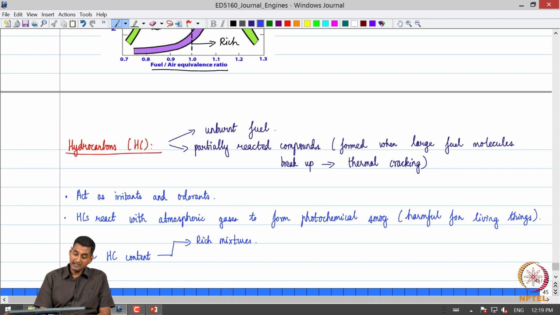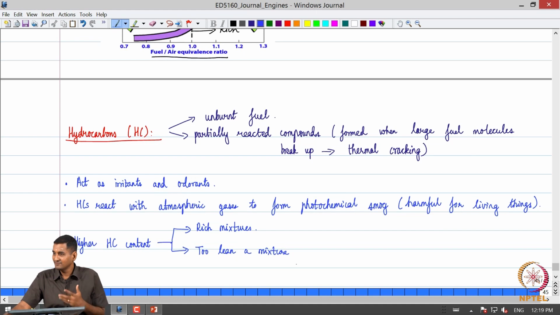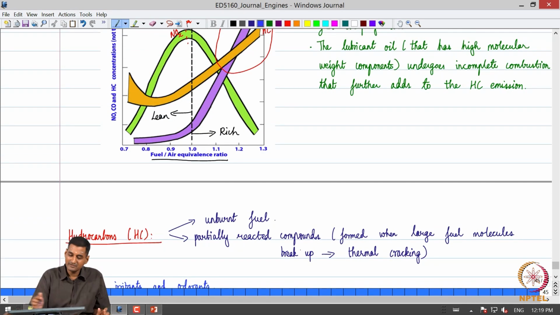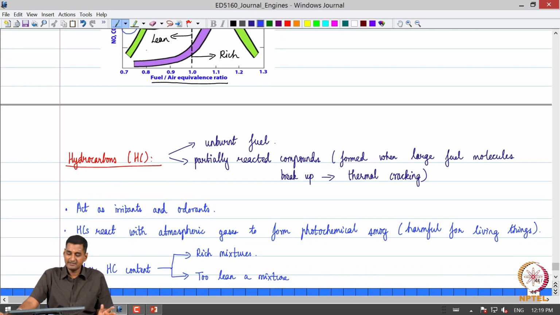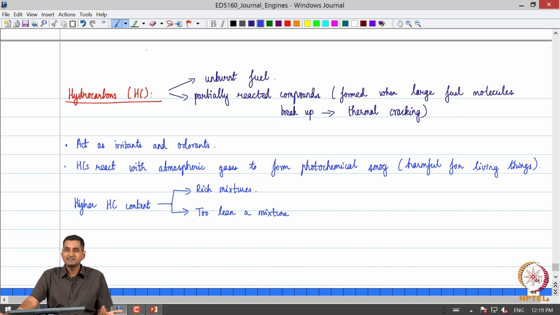And unburnt hydrocarbons are also present in too lean a mixture. Why? Because they may not have enough fuel to even sustain the combustion process. So too lean a mixture would also increase the hydrocarbon content, because we essentially cannot sustain the combustion process.